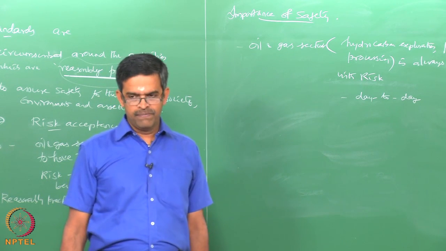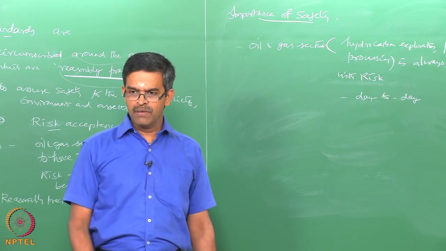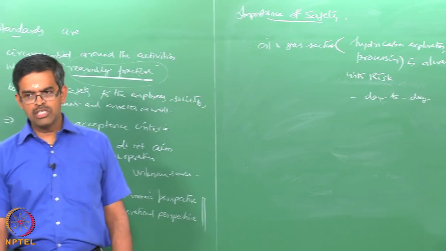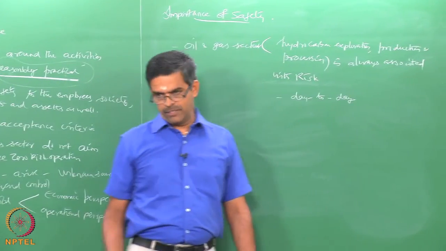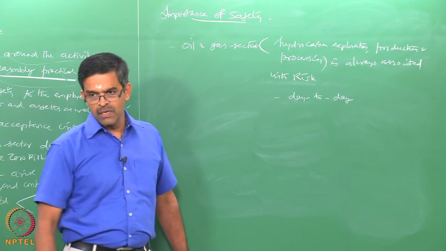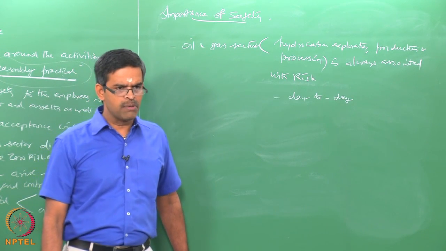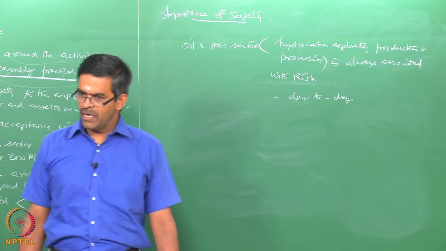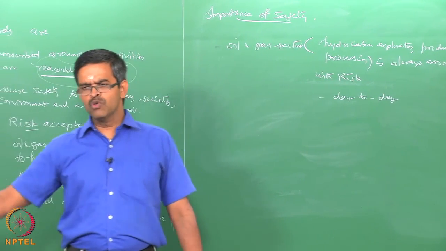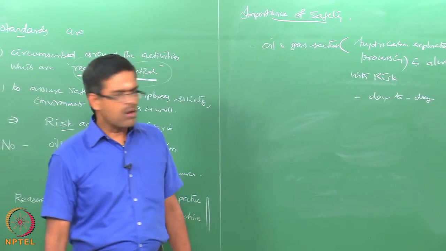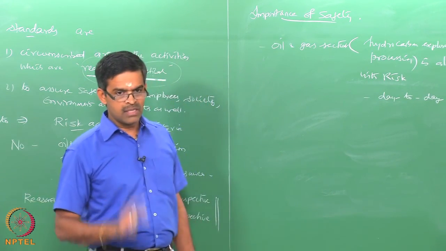So, we foresee, we anticipate unprecedented events which are likely to happen during the walk of my life, therefore, I insure my life. So, safety is challenged in the form of risk which is unexpected, which cannot be anticipated, which cannot be predicted, which cannot be modeled so easily, and that degree is present in every activity you do every day. So, therefore, the oil and gas sector is not an exemption, but it is very interesting to understand that the oil and gas sector has a certain level of acceptance of risk.